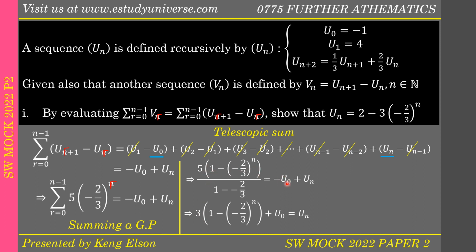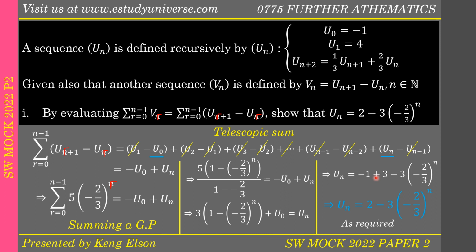Then we need to add u0 on both sides since we are finding un, but we know that u0 is -1, so we have -1 plus, now if we expand this, we have 3 times 1 and 3 times this whole quantity. -1 plus 3 is 2, therefore un is equal to 2 minus 3 times -2/3 raised to the power n. So that is a proof.